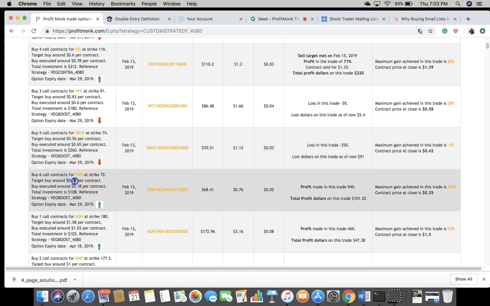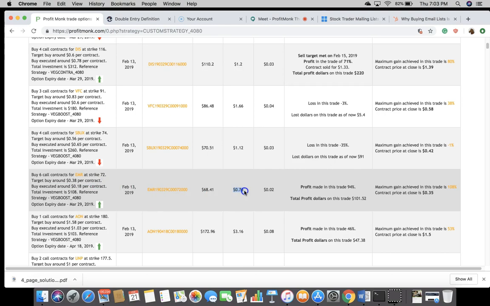On the other hand, the next trade here, the target buy is 38 cents, but it actually crashed a couple of points. I think the stock would have opened down a little bit, so you were able to buy it at 18 cents. So what I do typically is that I will make the buy for my own trades at whatever point I get, but the target sell does not change.